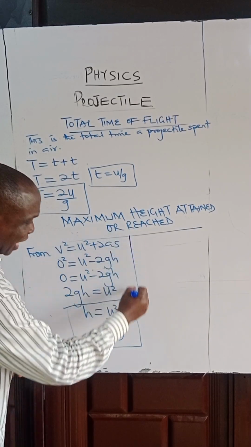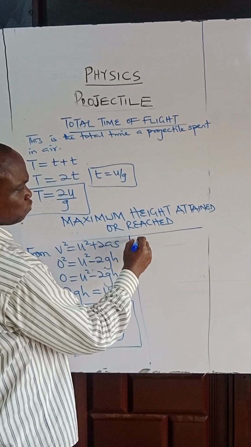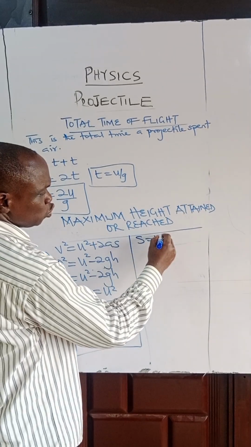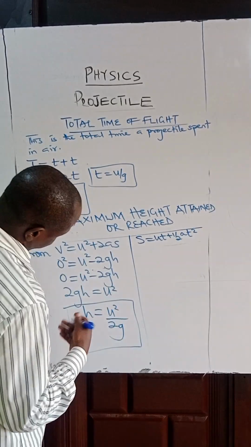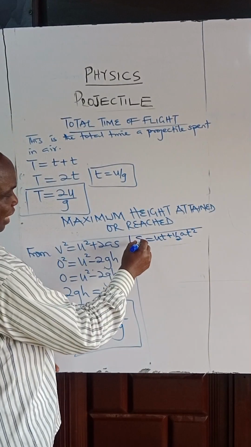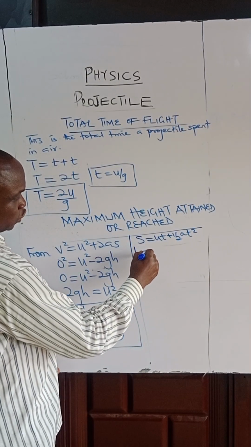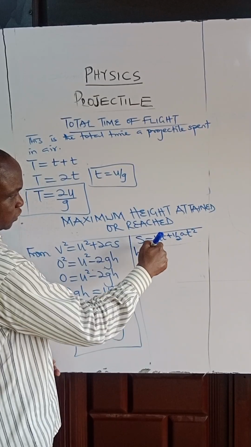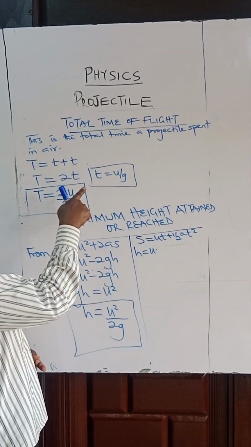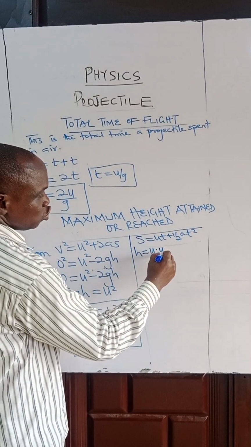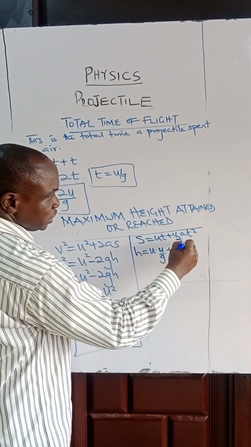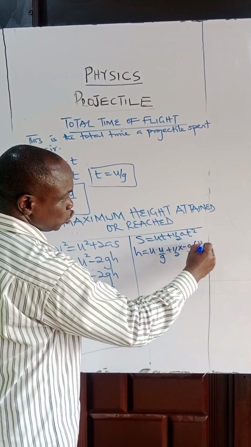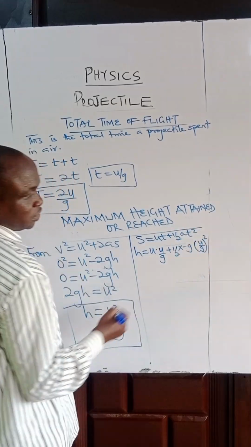You may be required to use s equals ut plus half at squared to derive it. If you do, you are going to get the same answer. S now is h. Our t, remember we derived to be u over g. So h equals u times u over g, plus half times minus g times u over g squared.